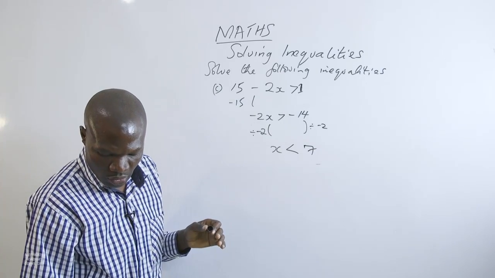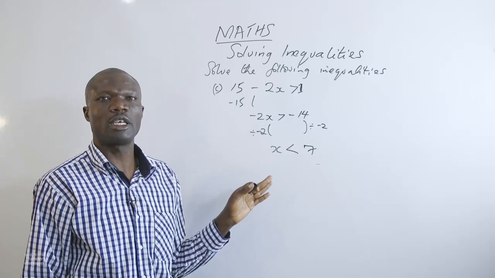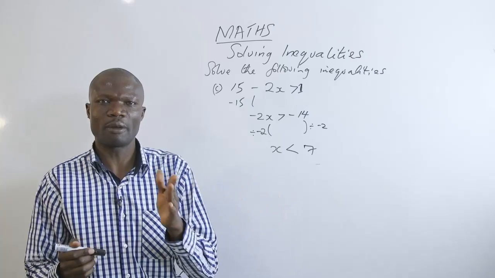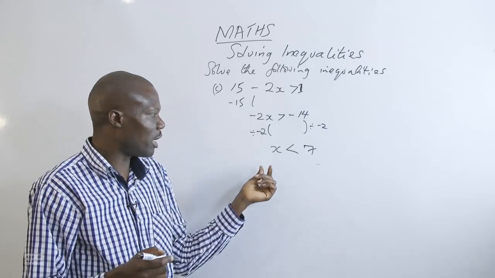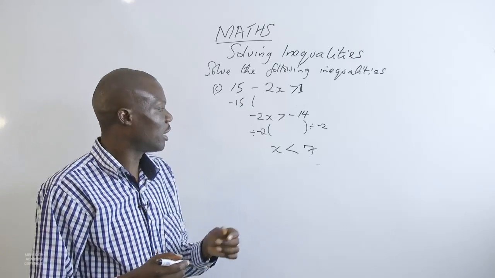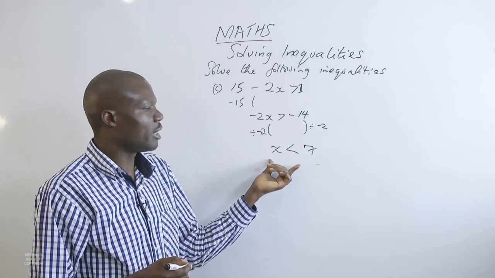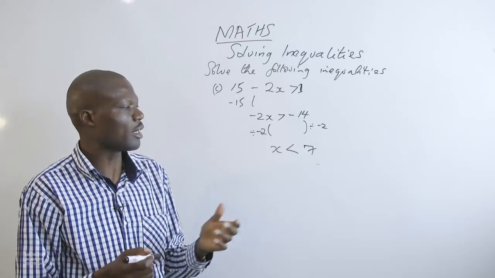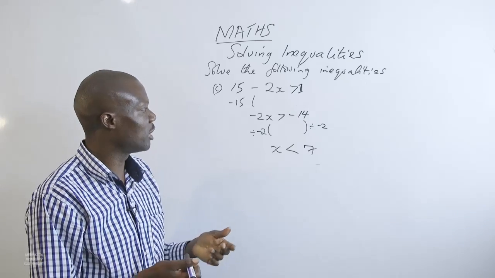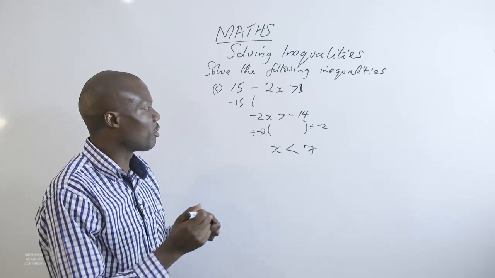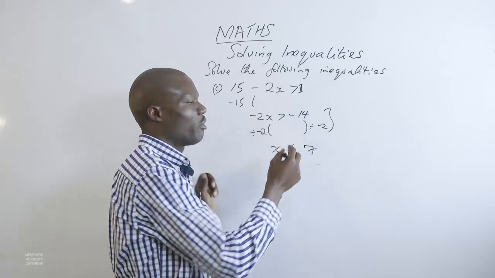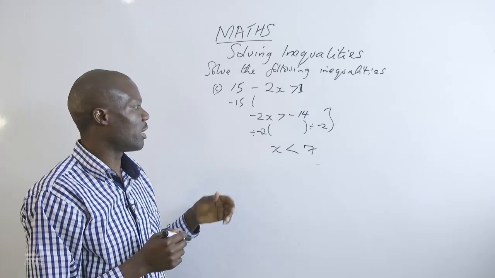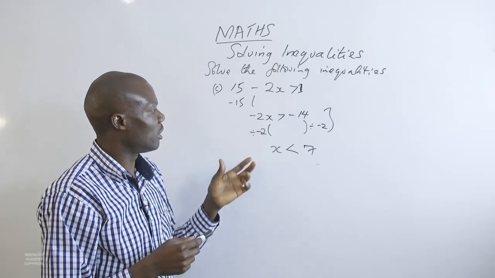So when you look at this, x is less than 7. This is our solution and can be shown on the number line the way we've seen. But the major area of concern is the behavior of the inequality symbol when we divide by a negative number.